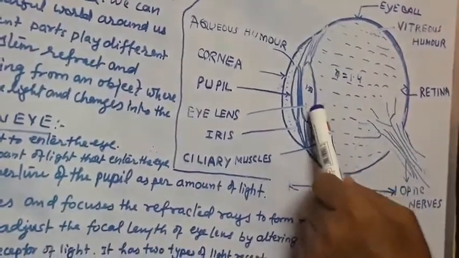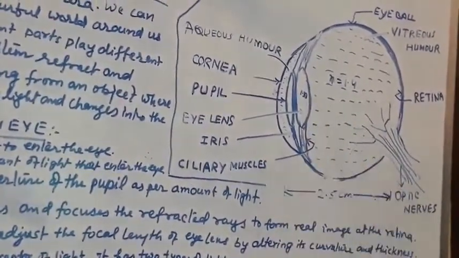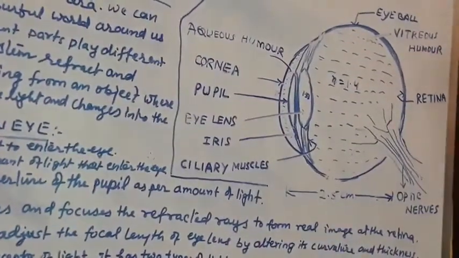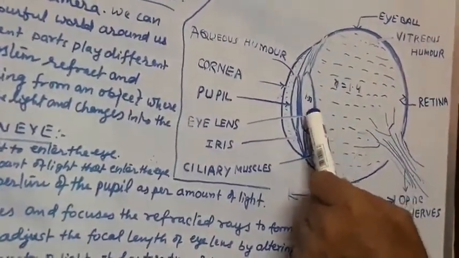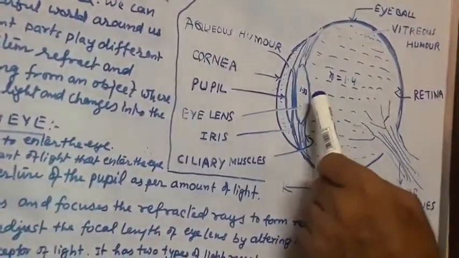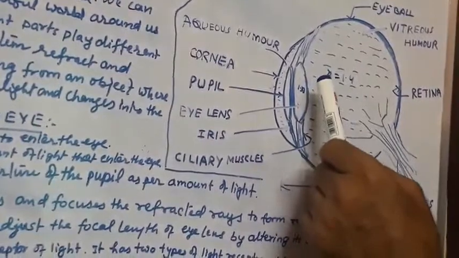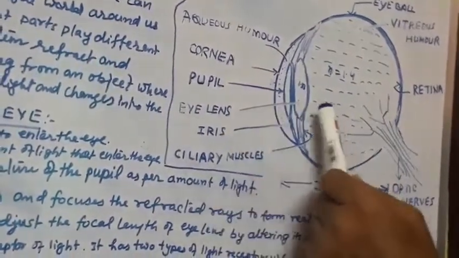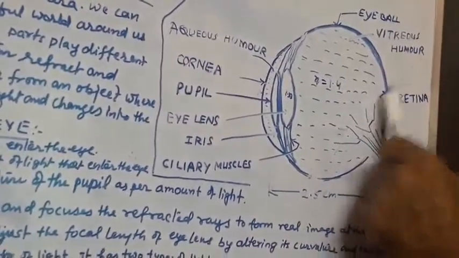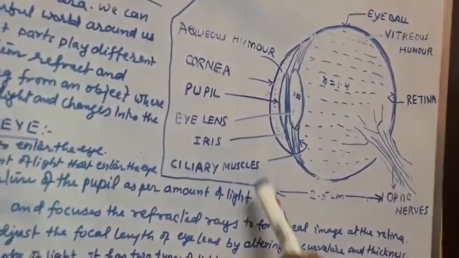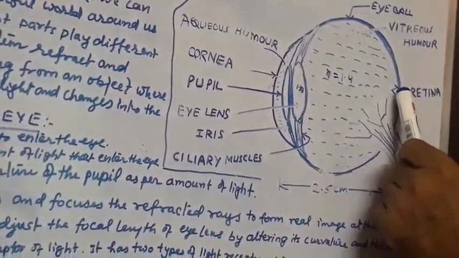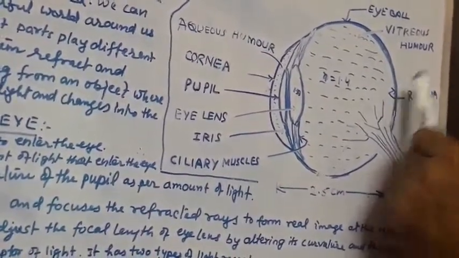The eye lens is a crystalline lens which is convex in nature and has a refractive index of approximately 1.33. It converges the rays of light coming from the object and focuses them at the retina so that we can get a real, inverted and diminished image formed at the retina.